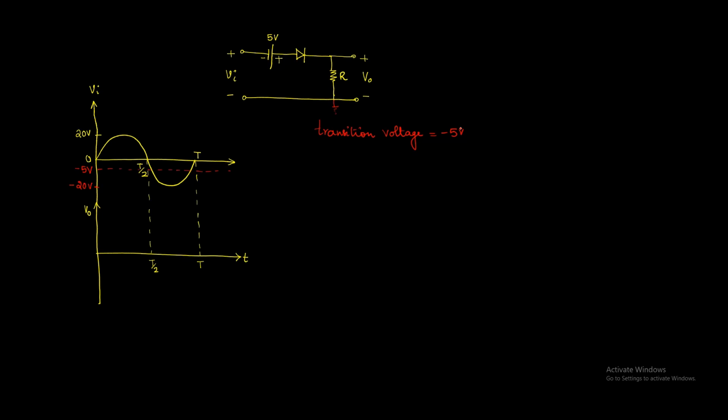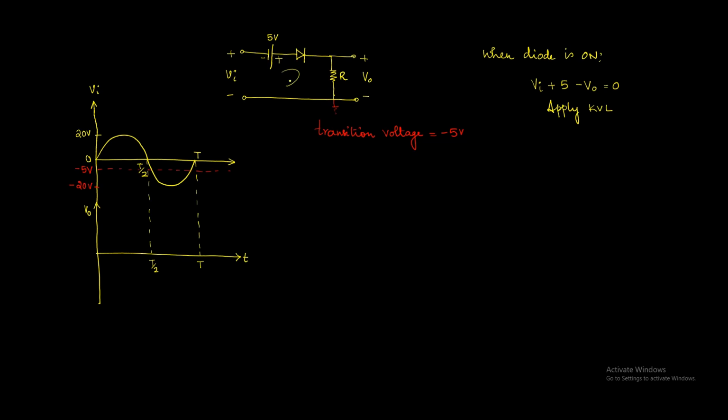And we have seen when the diode is on, we consider the equation Vi plus 5 volt minus V0 is equal to 0. This is obtained by applying KVL to the circuit.